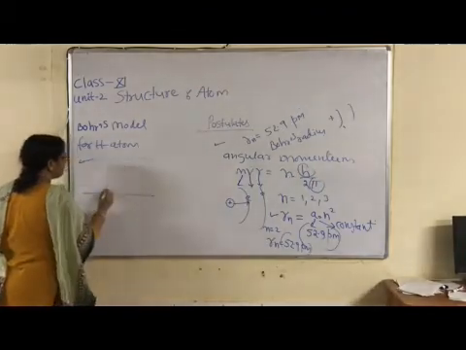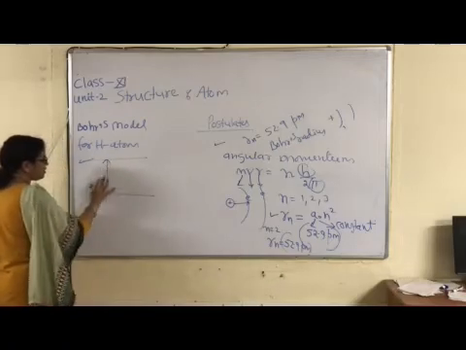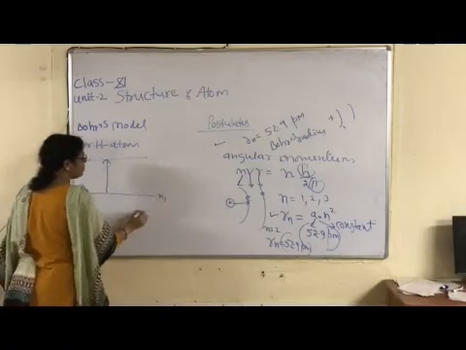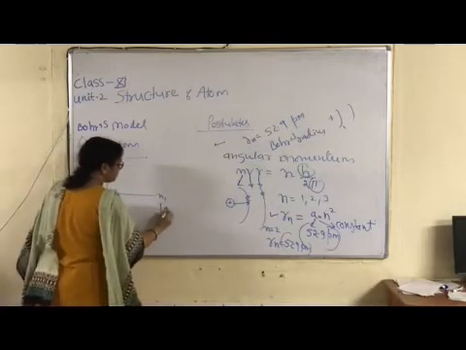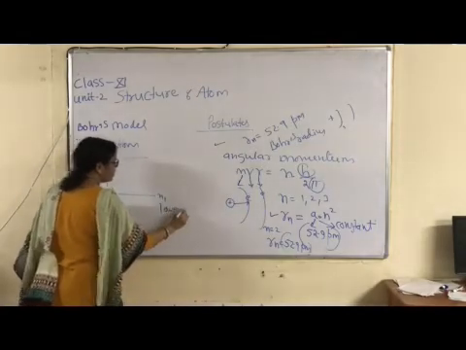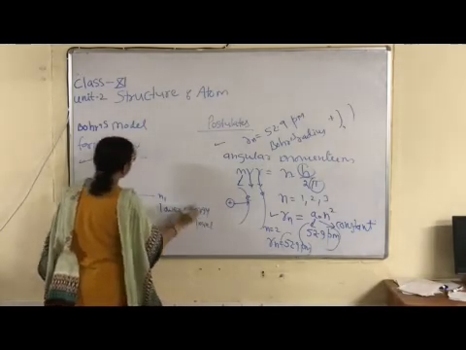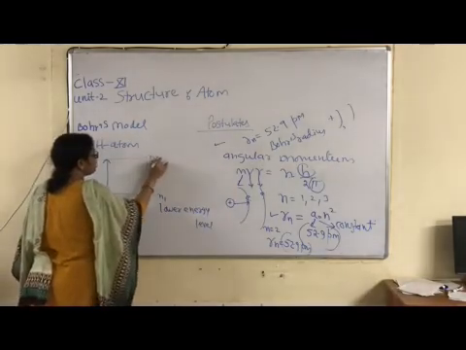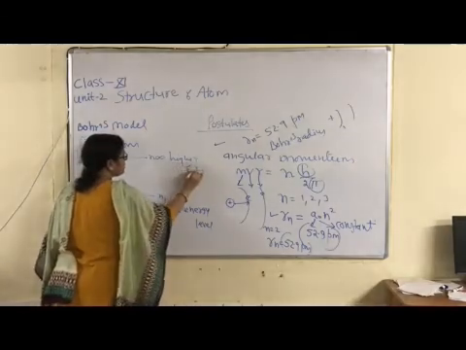Now the calculation of the difference in energy when an electron jumps from one energy level to another energy level. According to this line diagram, this is showing the jumping of an electron from a lower energy level to any higher energy level.